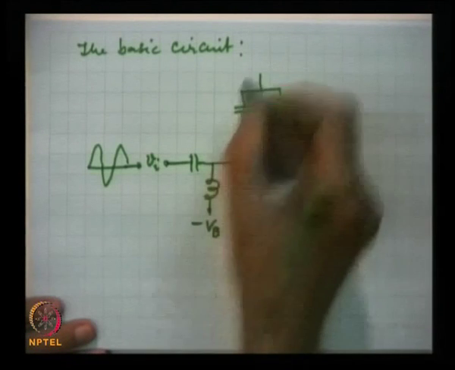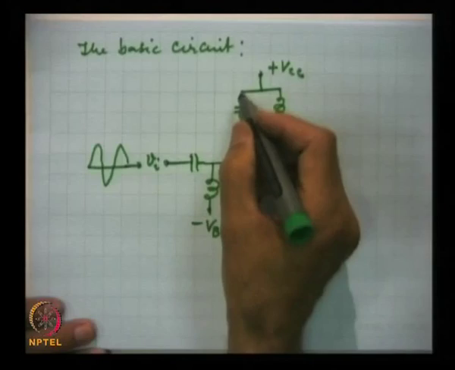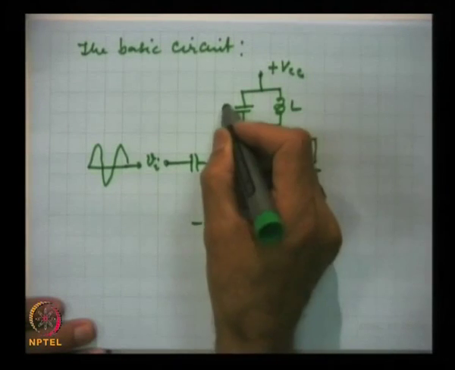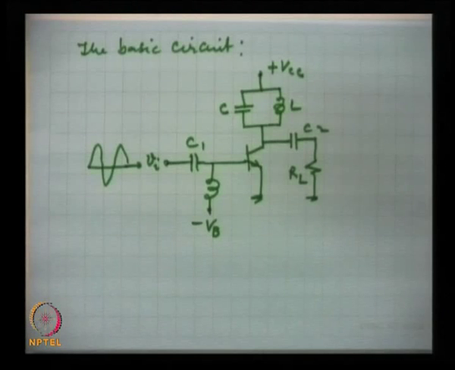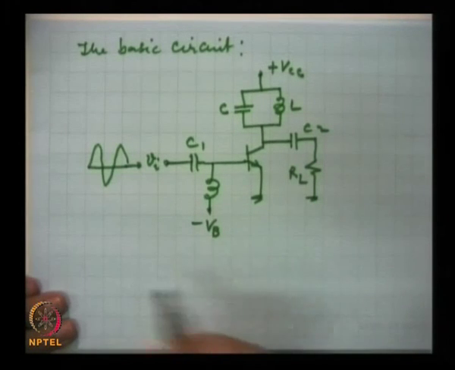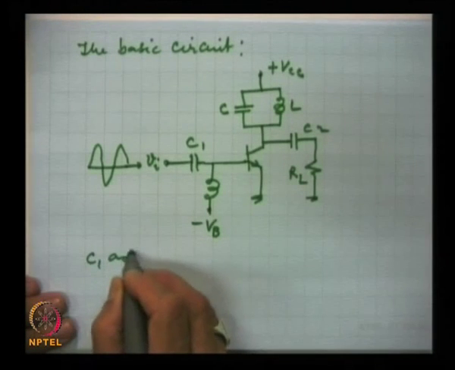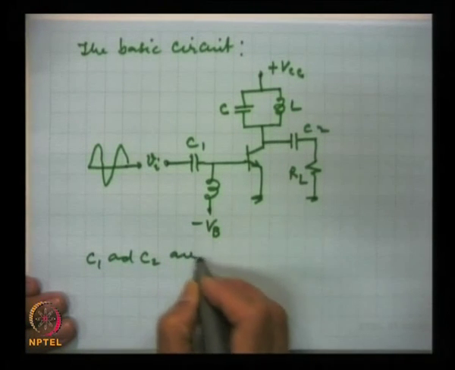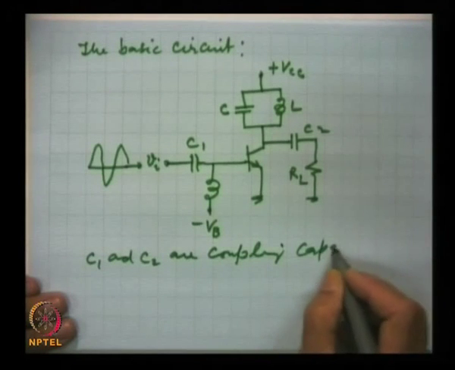This is the circuit. This is the commonly used circuit for class C operation. Now, here C1 and C2 are coupling capacitors.